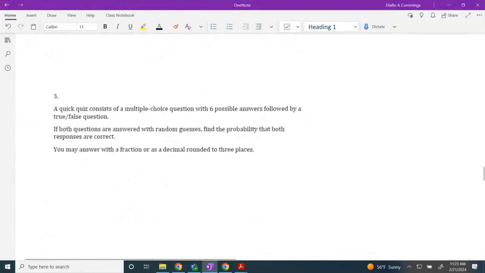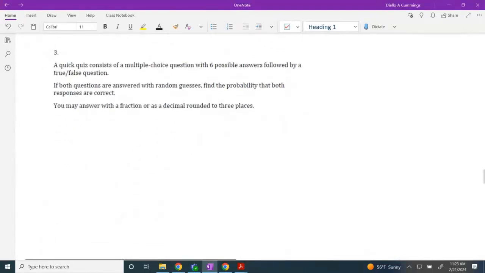A quick quiz consists of a multiple choice question with 6 possible answers followed by a true-false question. So there are 2 questions on this quiz. The first question is multiple choice with 6 answer choices, followed by a true-false question. If both questions are answered with random guesses, find the probability that both are correct. You may answer with a fraction or a decimal rounded to 3 decimal places.